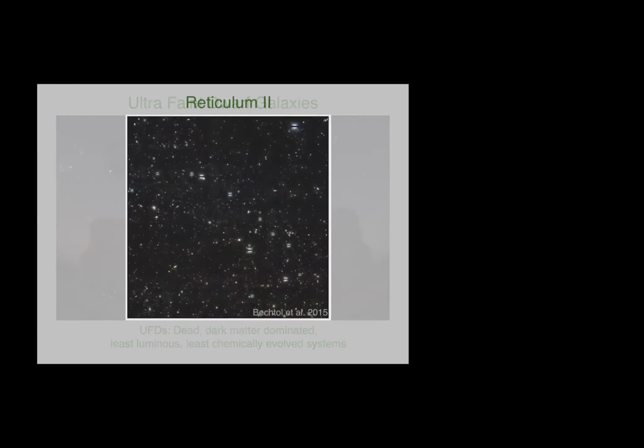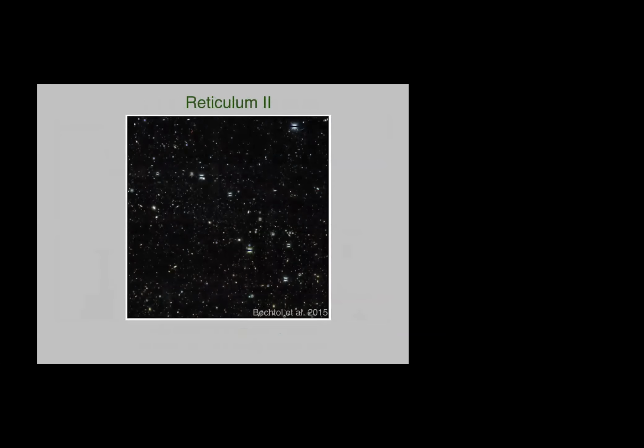One notable example is Reticulum 2, which is one of the R process enriched systems, which I'm showing you in this figure. Probably you cannot tell where Reticulum 2 is, because it is an ultra faint system.